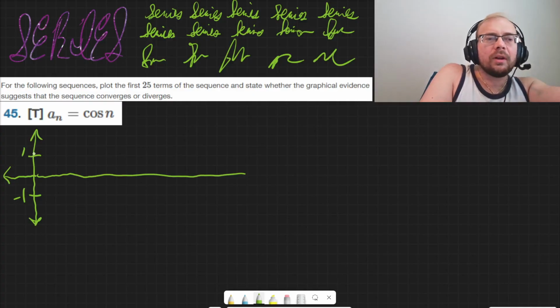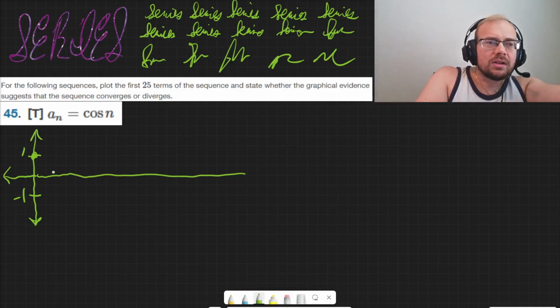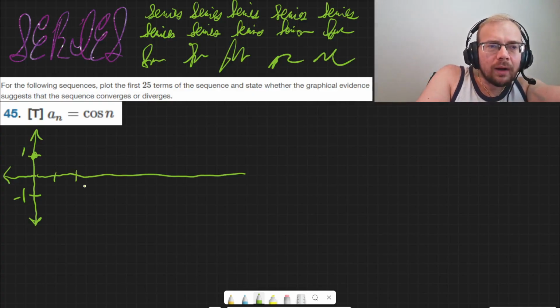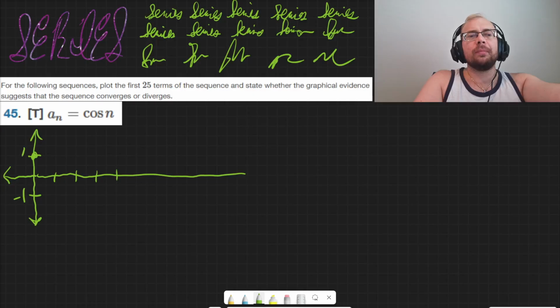We know the cosine graph would start up here, but you don't start at 0 for a sequence. The default starting place is 1 unless otherwise stated. So we would have the cosine of 1, then the cosine of 2, then the cosine of 3, then the cosine of 4.